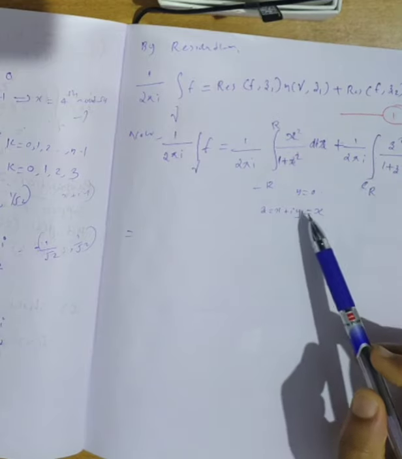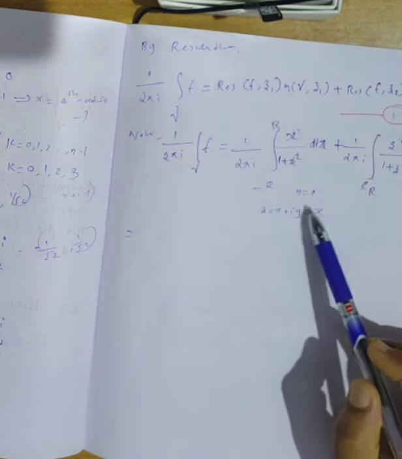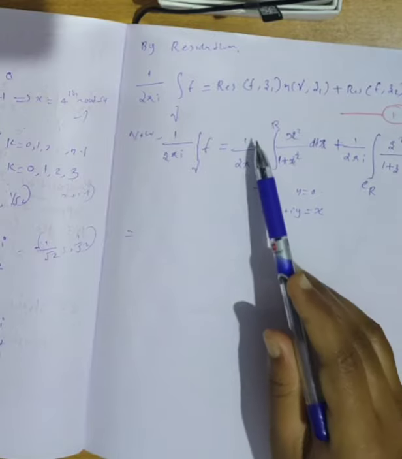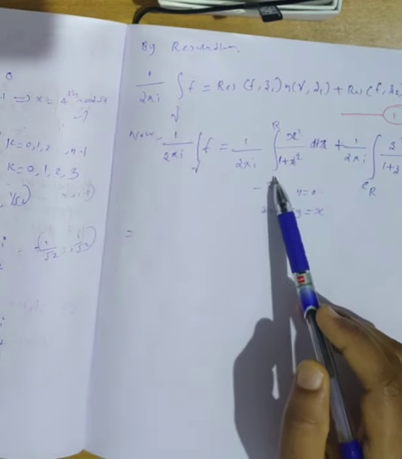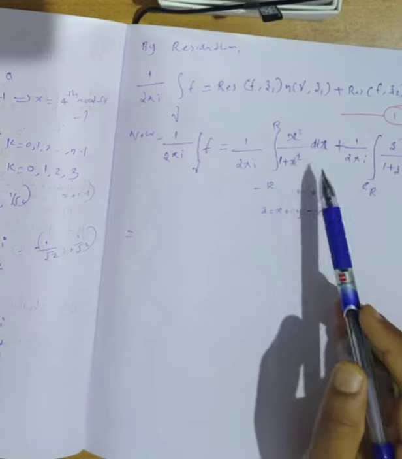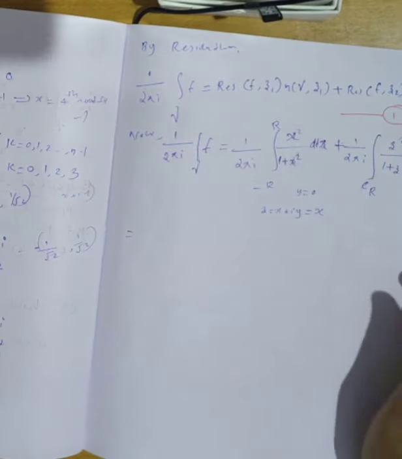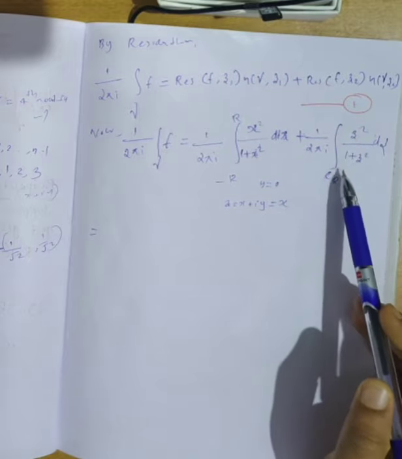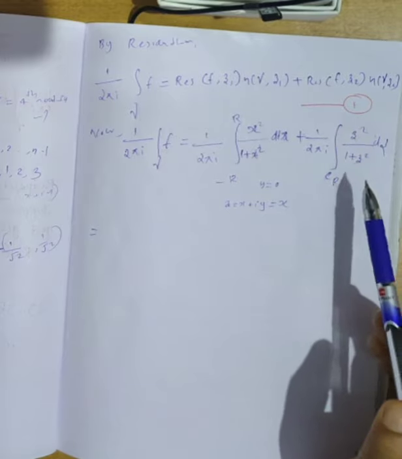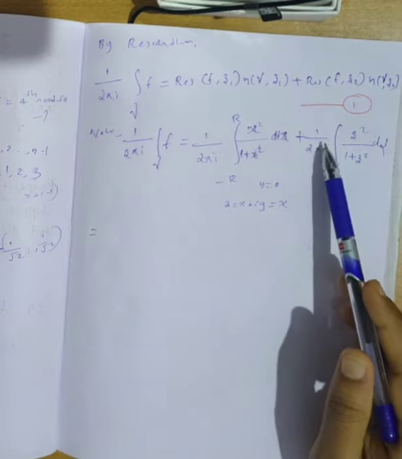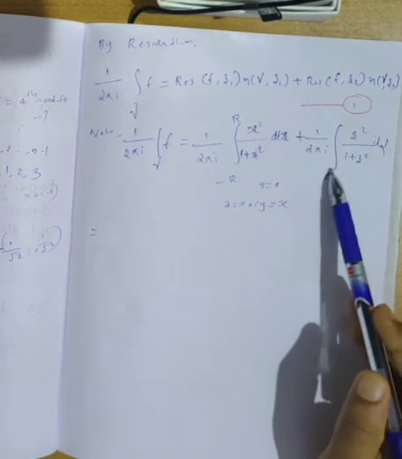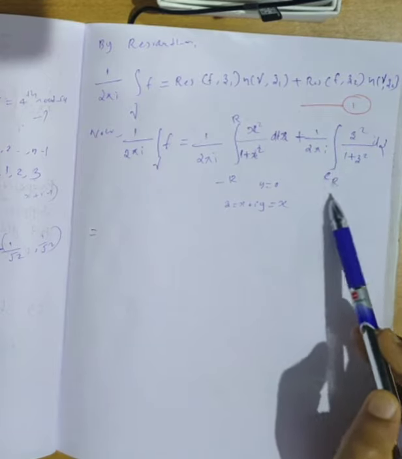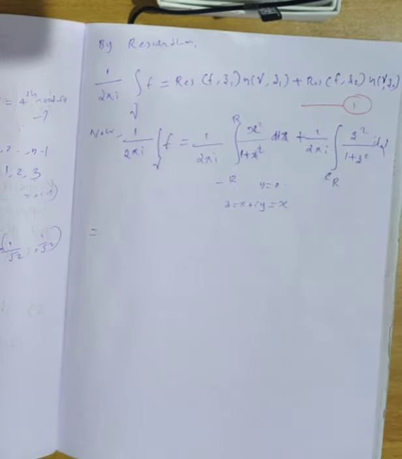Since in the real axis y equal to 0, we have z equal to x. So this is 1 by 2 pi into integral from minus r to r of x square divided by 1 plus x square dx, plus the integration along the semicircle from r to minus r. So this is plus 1 by 2 pi I into integral over the semicircle from r to minus r, z square divided by 1 plus z square dz.